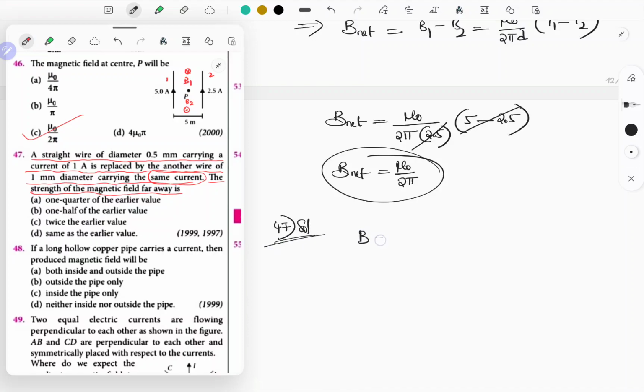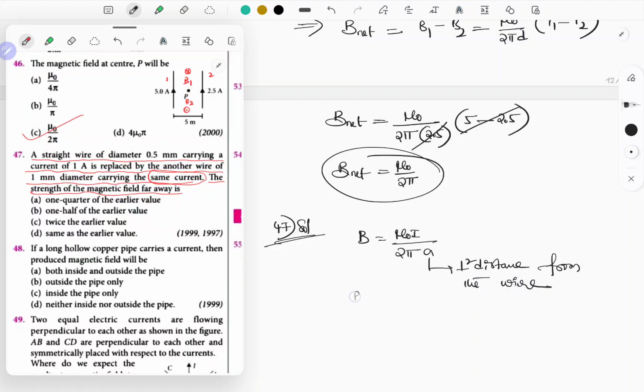It's mu naught I divided by 2R, right? So in this case, R is the distance. Sorry, no, it's not R. It is 2 pi A. Let's say A is the perpendicular distance from the conductor, the perpendicular distance from the wire.